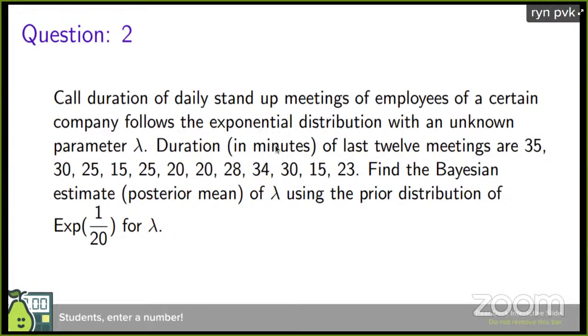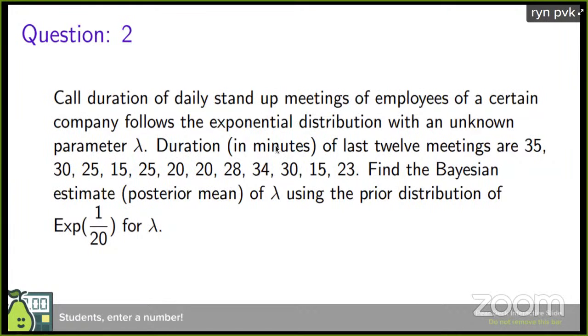So whatever is given here, we have been given the prior distribution, right? How do we calculate the posterior mean? What do you have to find first? First of all, you have to find the posterior density, which is directly proportional to likelihood times prior.